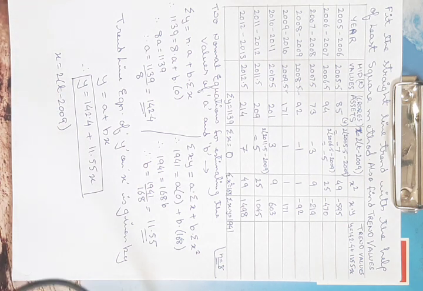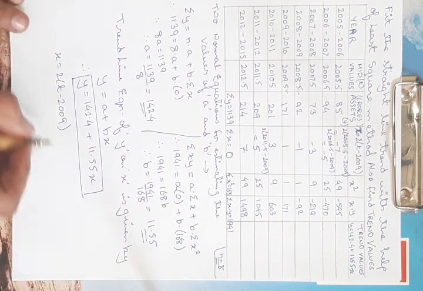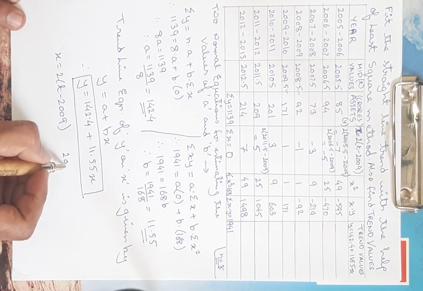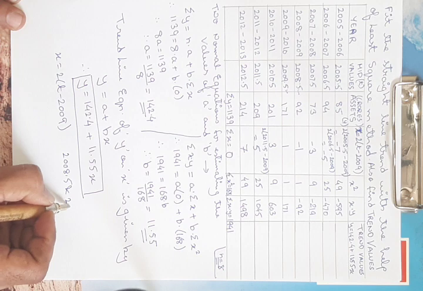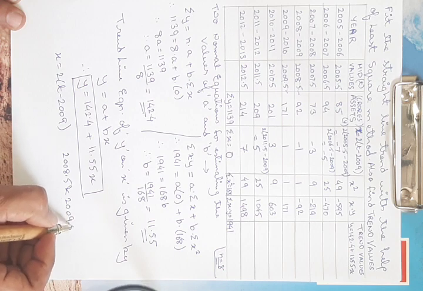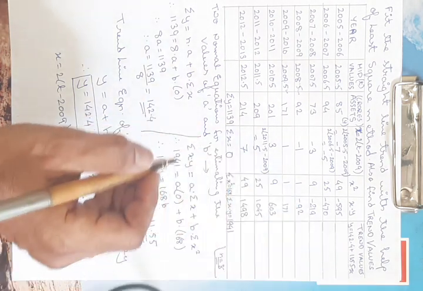Since we have shifted the value from the origin, with the origin as the midpoint between 208.5 and 209.5, here we need to calculate the values of x.